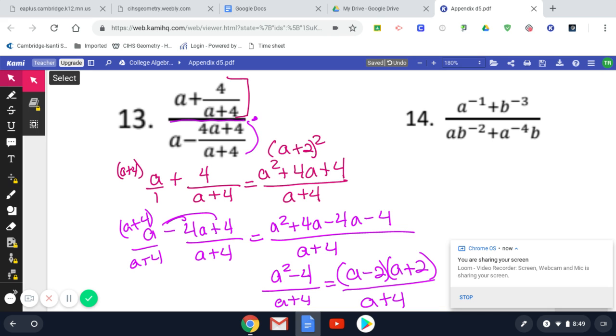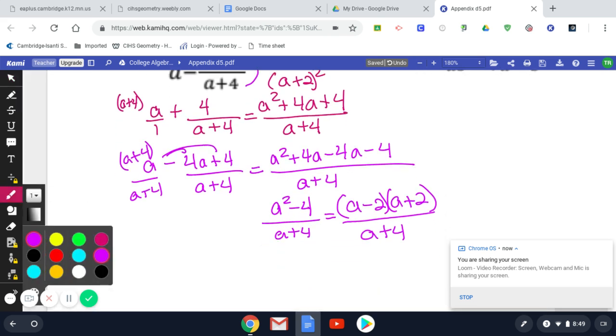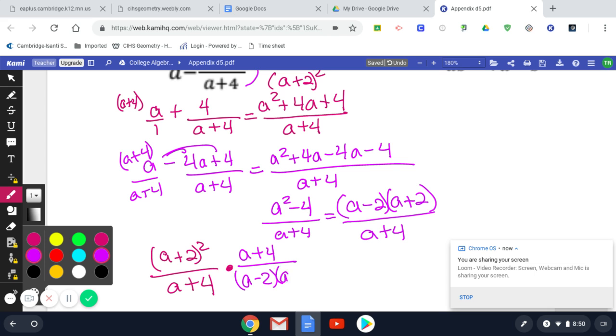So I'm going to take my burgundy one, which is a plus 2 quantity squared over a plus 4. And then I'm going to multiply it by the reciprocal of the purple one. So I'm going to multiply by a plus 4 over a minus 2 times a plus 2, okay?